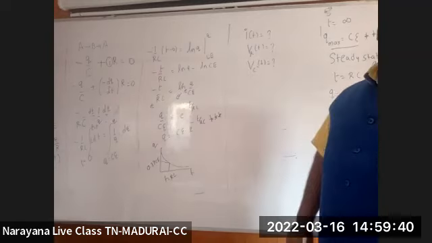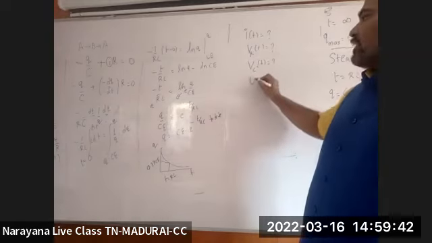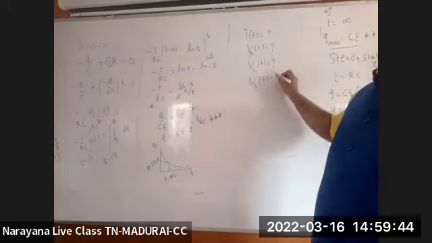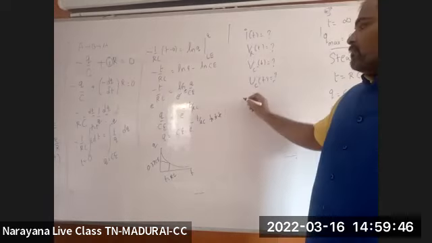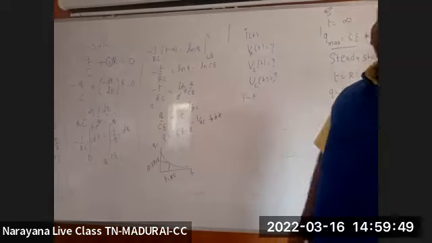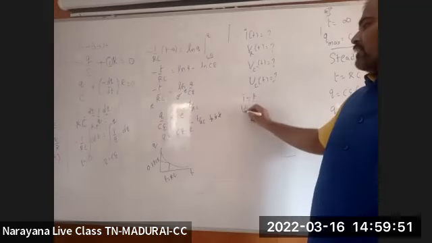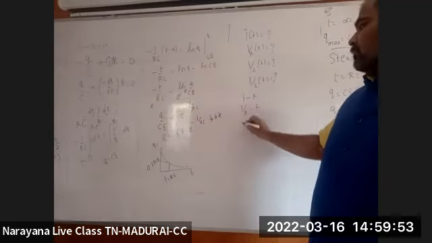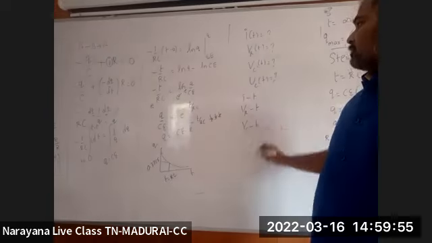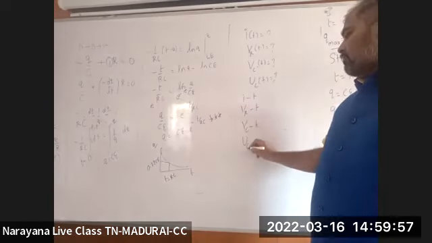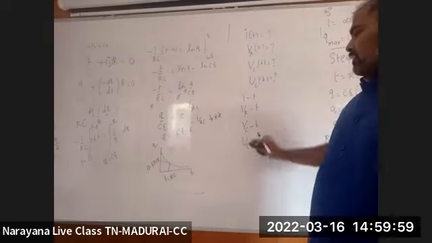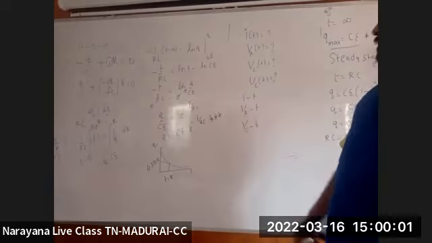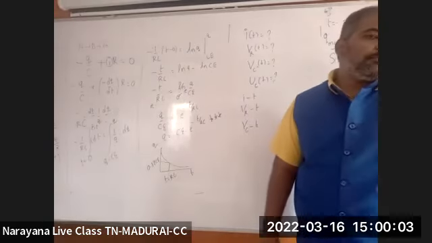Third question: what is the voltage drop across the capacitor after t seconds? What is the energy stored in the capacitor after t seconds? Plot a graph between I versus time, VR versus time, and VC versus time. Graph for energy is not required. Okay, solve these problems.